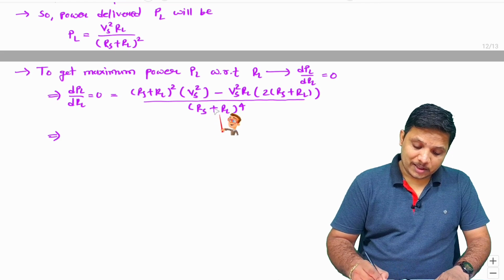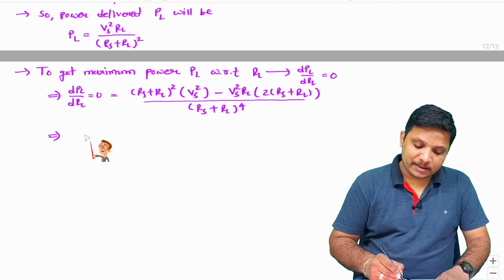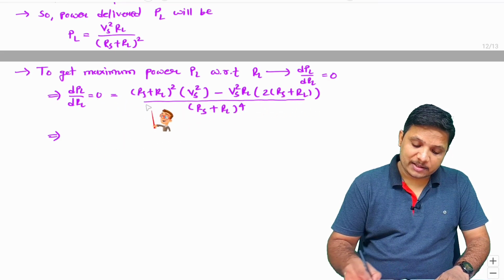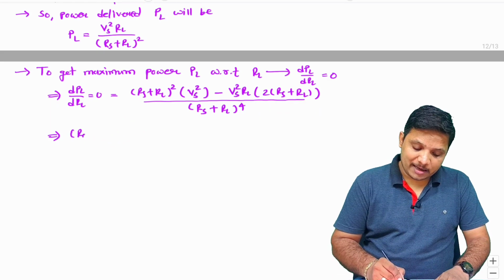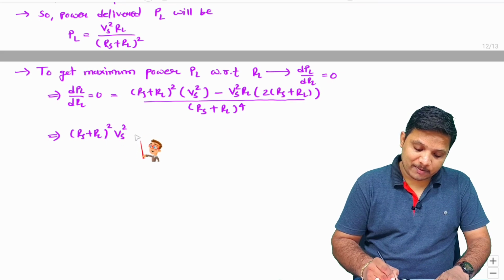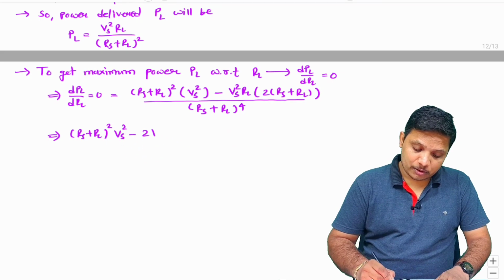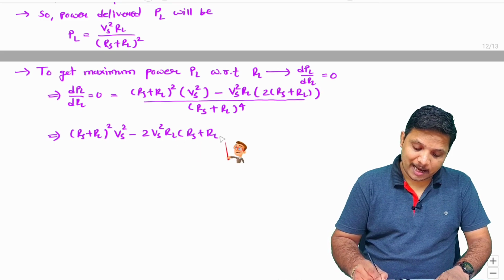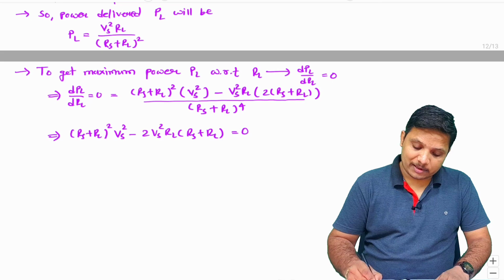Now you see this denominator will get multiplied with 0, so let us simplify the numerator term, so that will be (Rs plus RL) square into Vs square minus 2 Vs square RL into (Rs plus RL), and that is equal to 0.